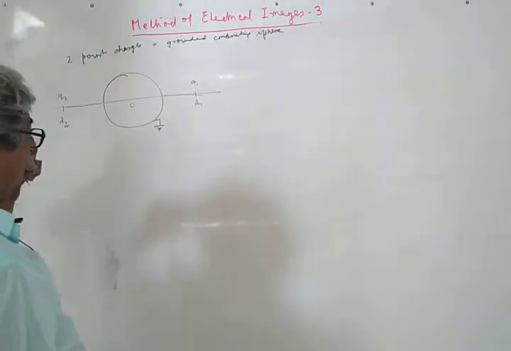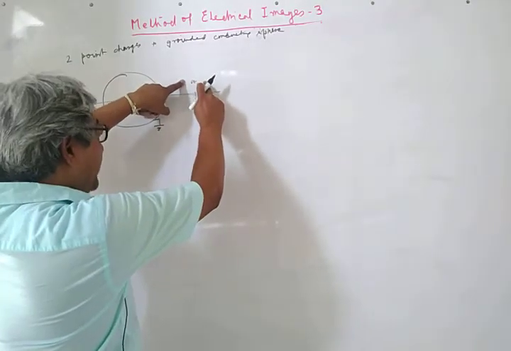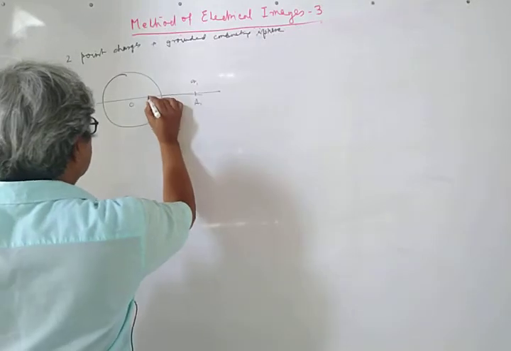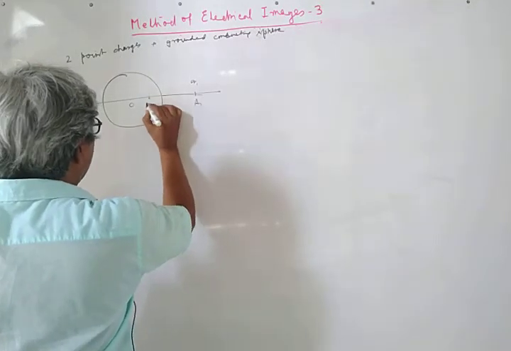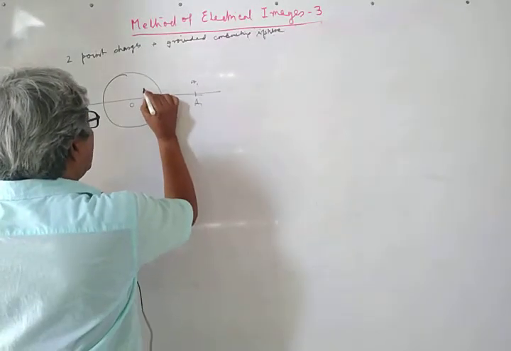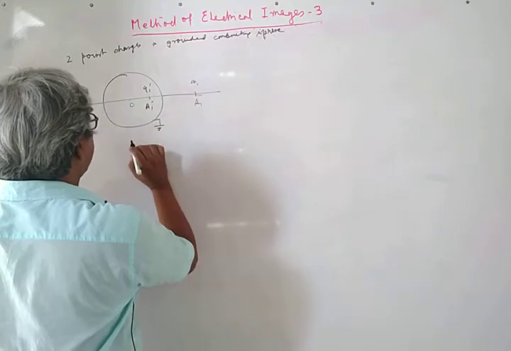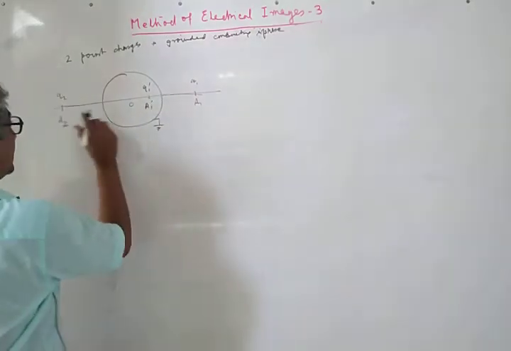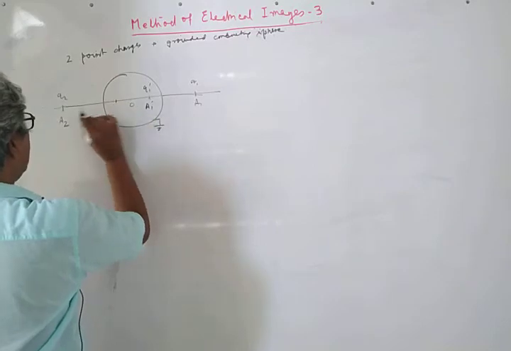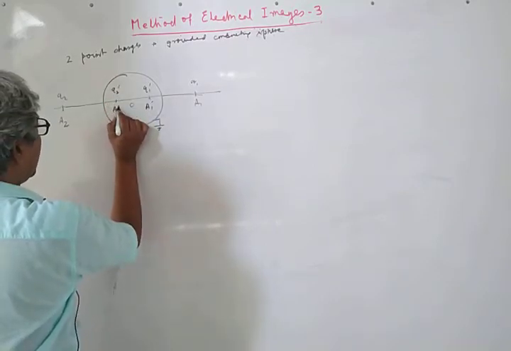So this charge, an image charge, will be induced. The image charge will be q1 prime located at a1 prime, and the image charge of this will be q2 prime, and it will be located at a2 prime.